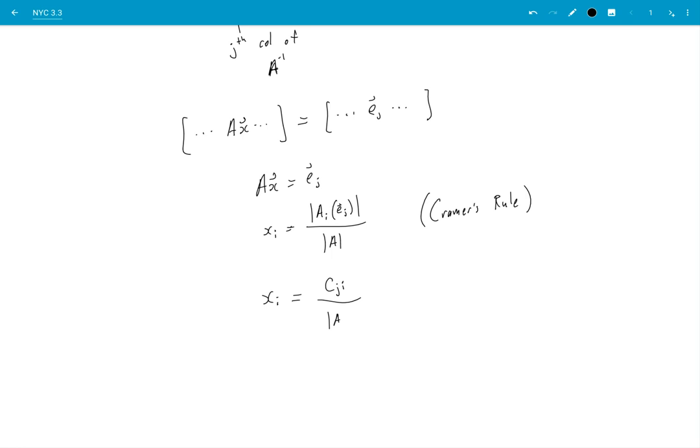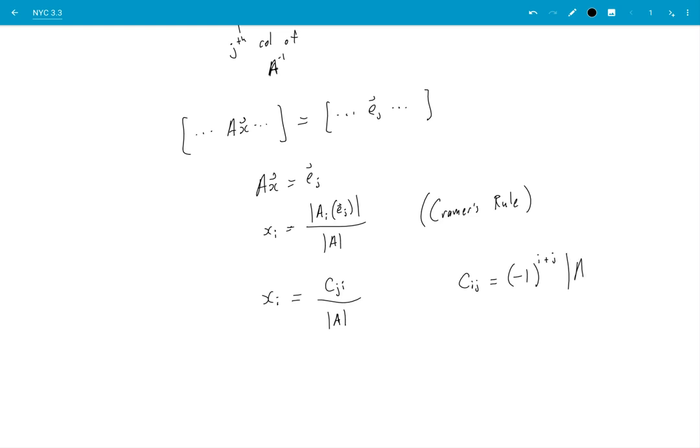So that's maybe the most tricky bit here, is just seeing that we actually have this determinant.